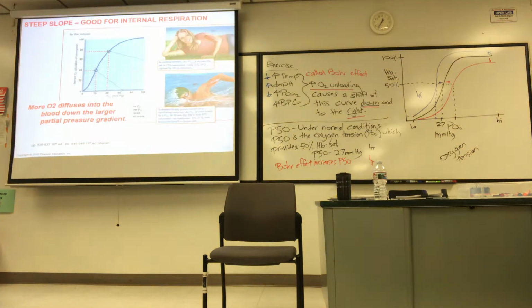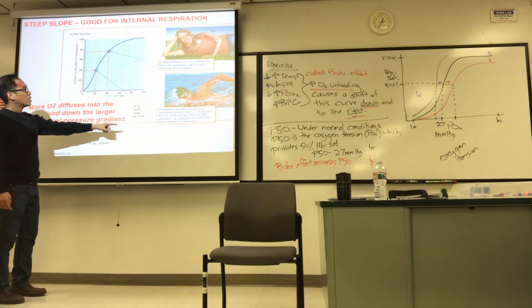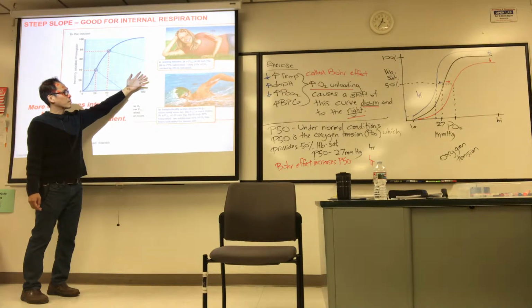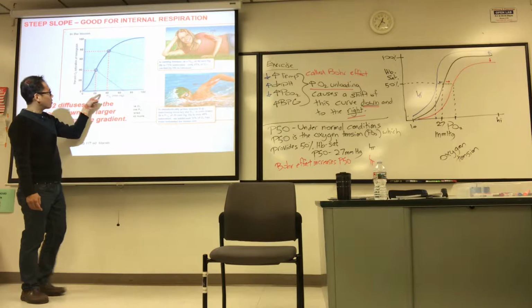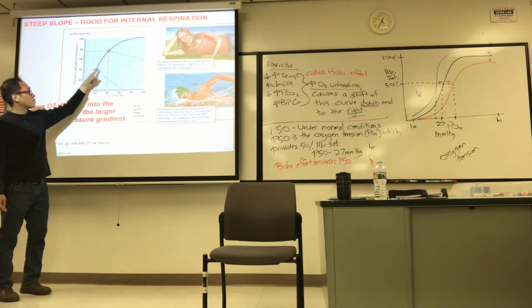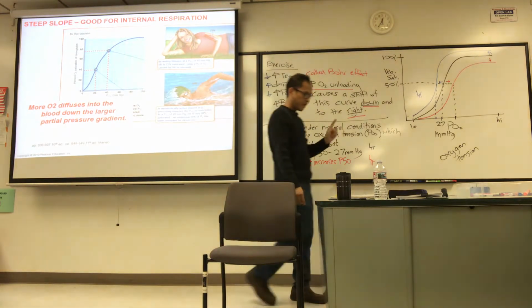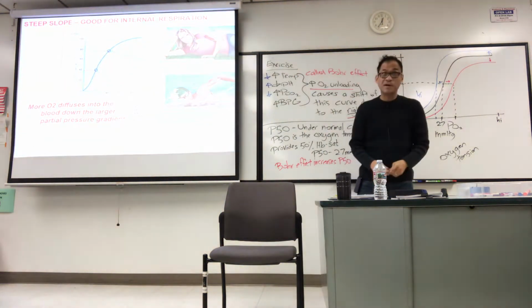Now that steep slope, let's say you're reclining at the park, or you're vigorously exercising, swimming in the pool. Well, oxygen tension gets lower, but even when you're rested at a PO2 of 40, you're about 75% saturated. That's still pretty well saturated.